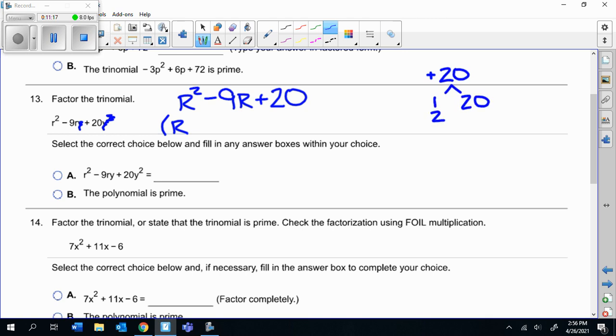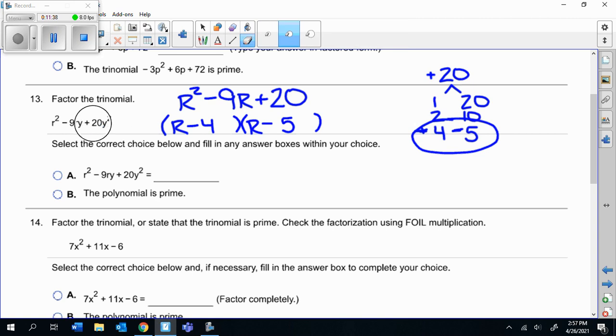So we're actually going to have 5 and 4. We need them both to have the same sign, so they're going to be negative, negative. So we're going to have r minus 4, leave a little space, and then r minus 5, leave a little space, and then go back and throw that second variable behind your constant term.